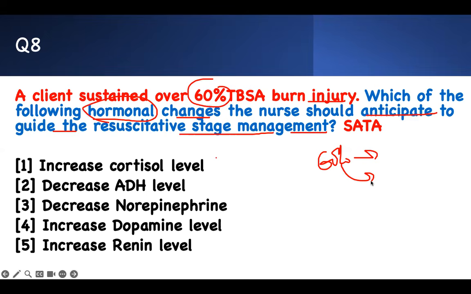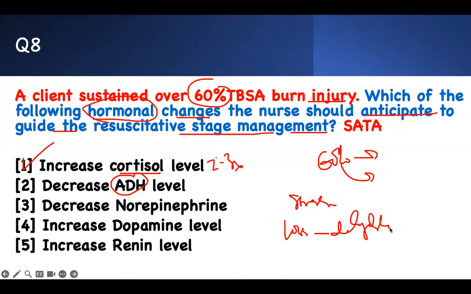That's the first 24 to 48 hours. What is going to happen? Your body is stressed, so all stress hormones are increased. Cortisol level is almost 2 to 3 times normal. ADH, think about it. You've lost a lot of fluid. They are dehydrated. In the first 24 to 48 hours, you have to release ADH to increase absorption of fluid.